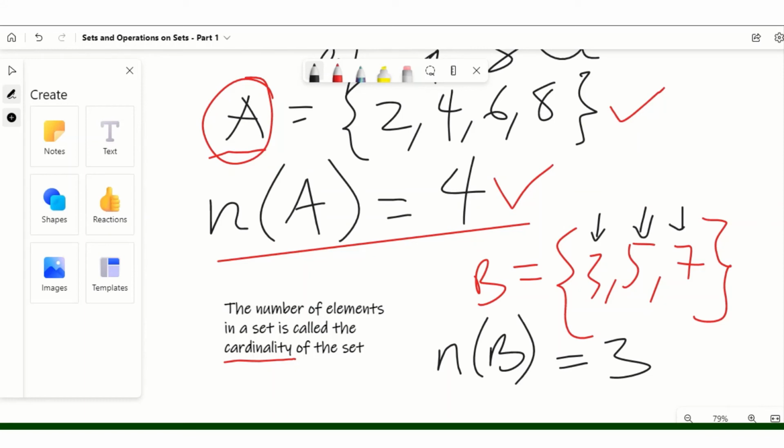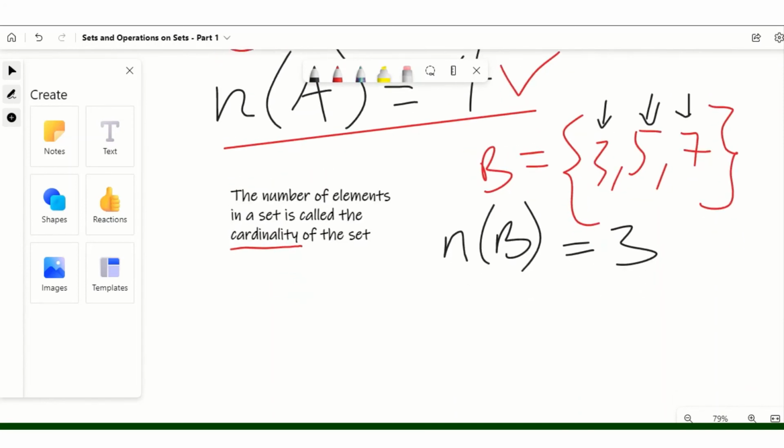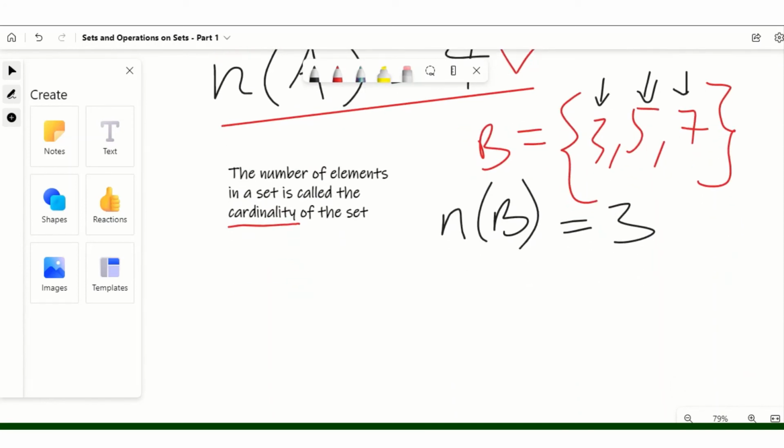Now, the last thing I would like to show you here is this. When it comes to the cardinality of the set A, cardinality is usually denoted using a very simple symbol, nothing complicated: these two lines.